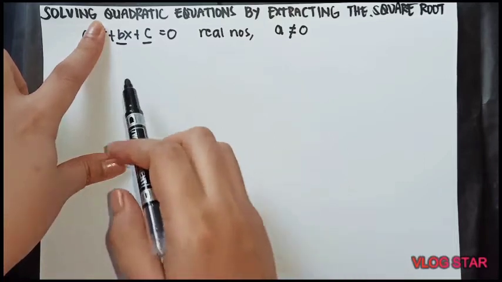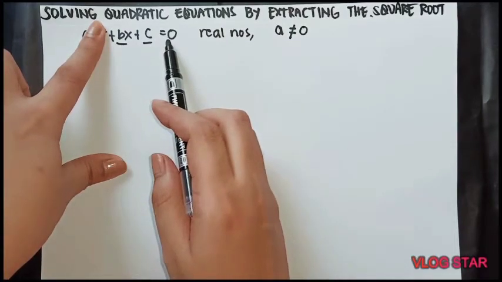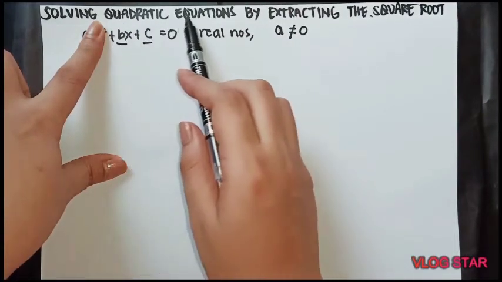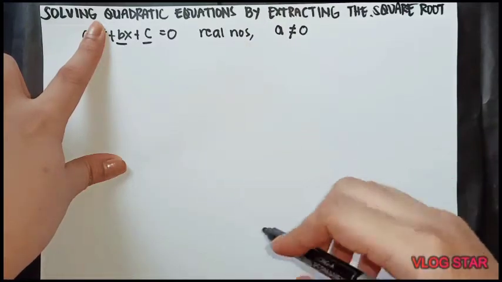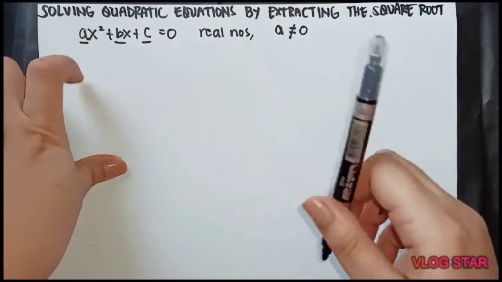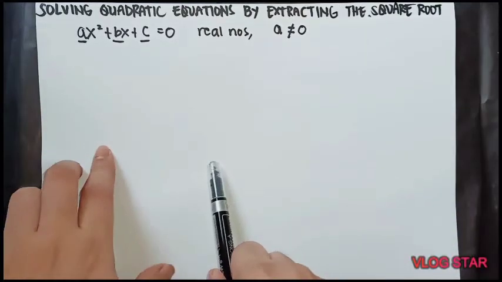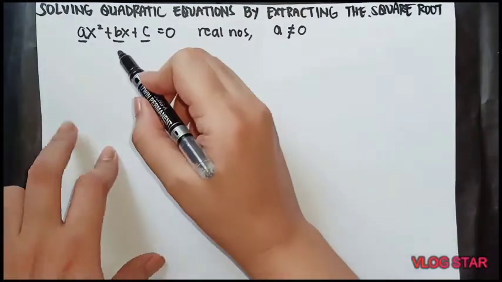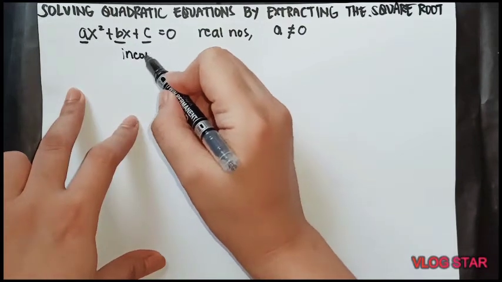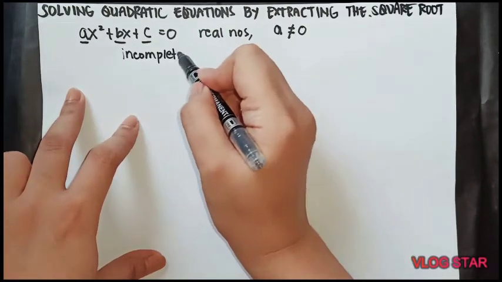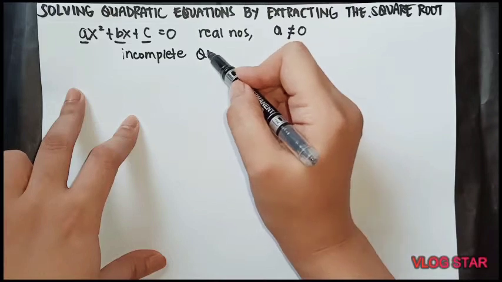So what will be left is bx plus c equals 0, which is not a quadratic equation but a linear equation. So when can we use extracting the square root? We can use extracting the square root if we have an incomplete quadratic equation.